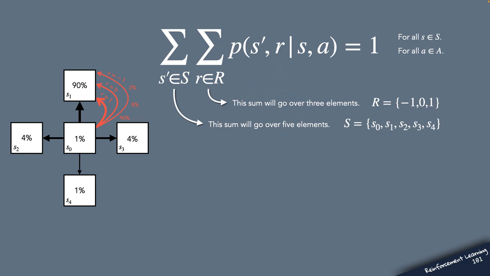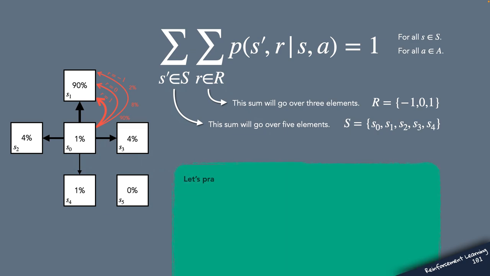And this can model the fact that some future states might be completely unreachable from the current state. Say we had, for example, this extra state S5 over here, which cannot physically be reached from S0. And in this case, this summation will go over 6 elements, because now we have 6 states in this environment. But the probability of entering S5 from S0 is 0.